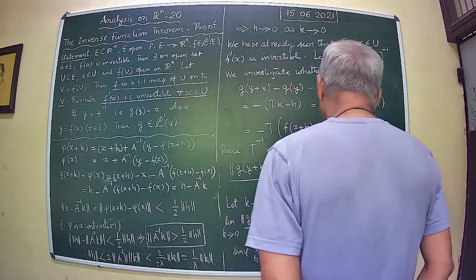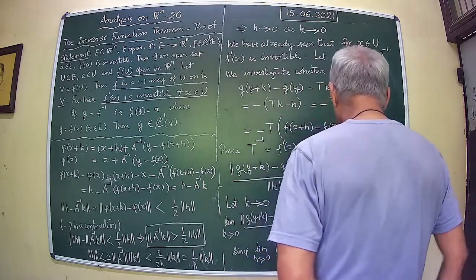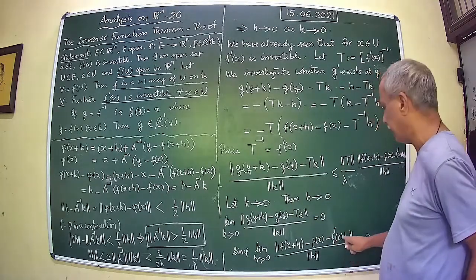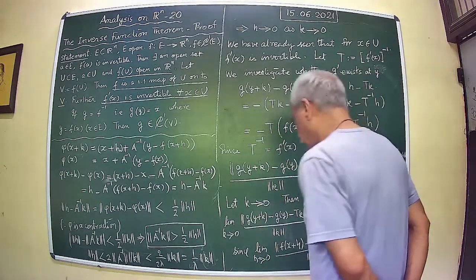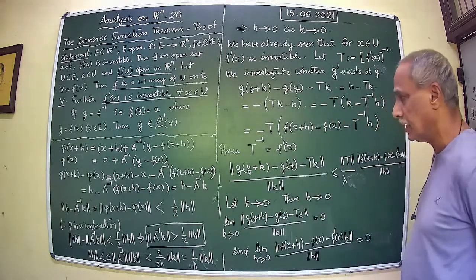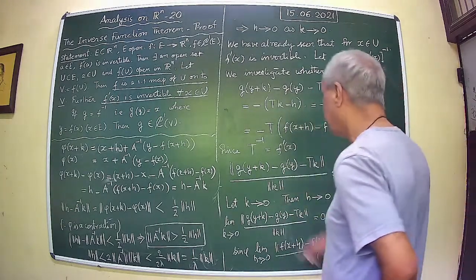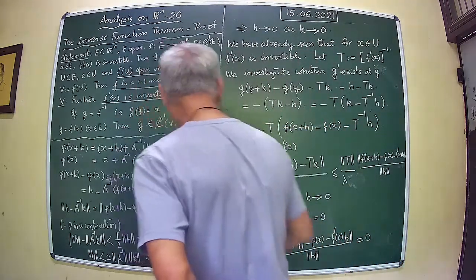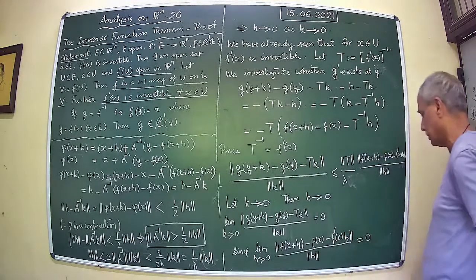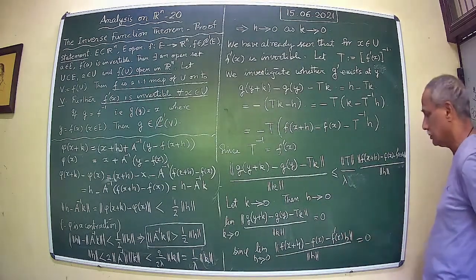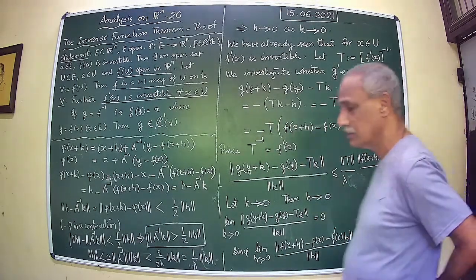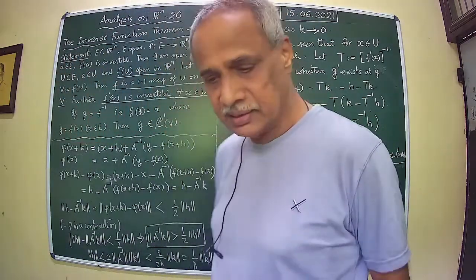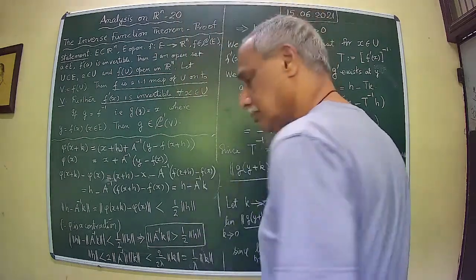That's the argument. Here we have used the fact that for x belonging to U, f is differentiable, that earlier statement, and this is invertible, we have used that. So what you have is this one. Therefore, what do we get? We get g derivative at y exists and is equal to t inverse.